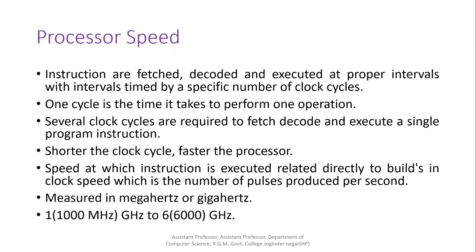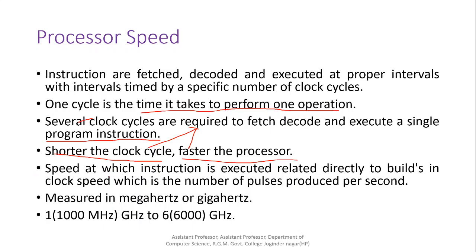One cycle is the time it takes to perform one operation. Several clock cycles are required to fetch, decode and execute a single program instruction. The shorter the clock cycle, the faster the processor. If less time is required to fetch, decode and execute a single program instruction, then the clock cycle is shorter, and the shorter the clock cycle, the faster the processor.